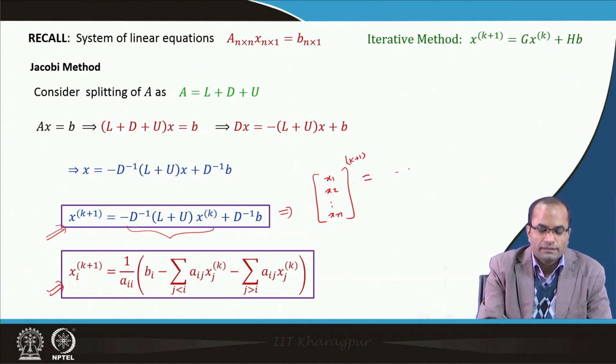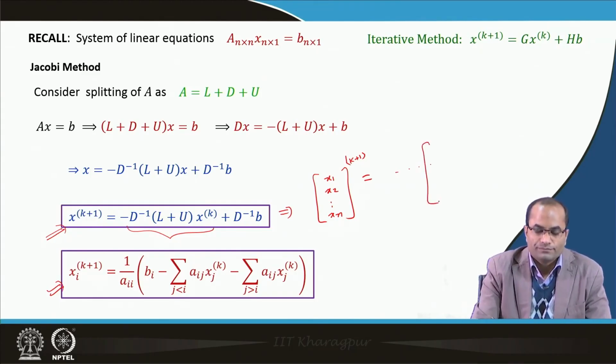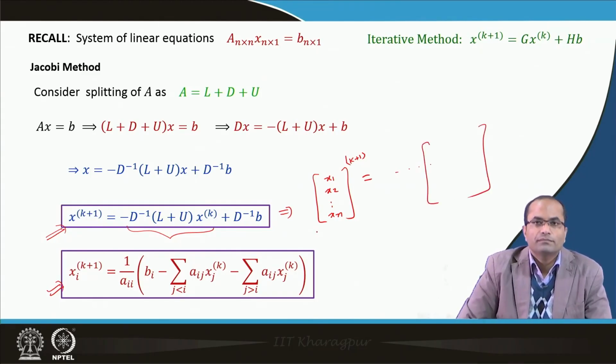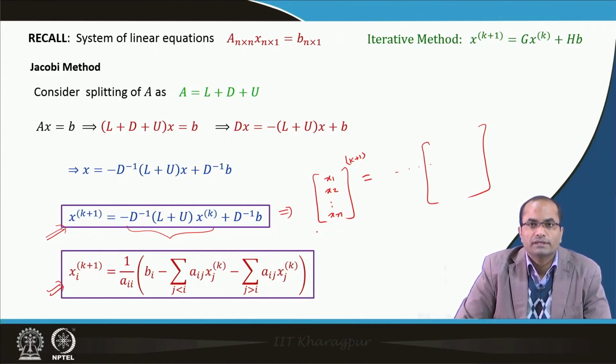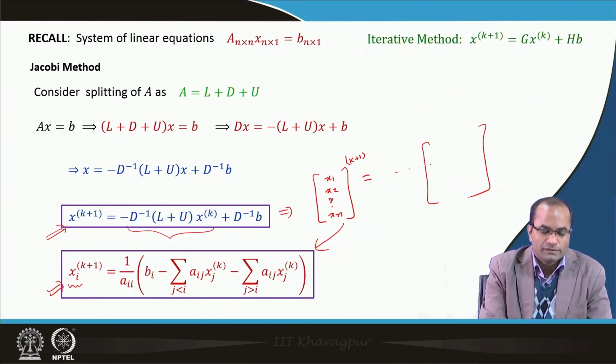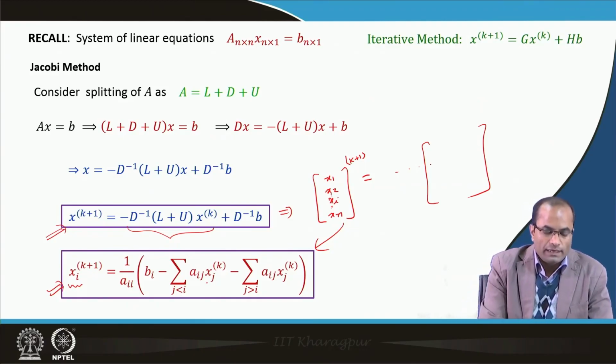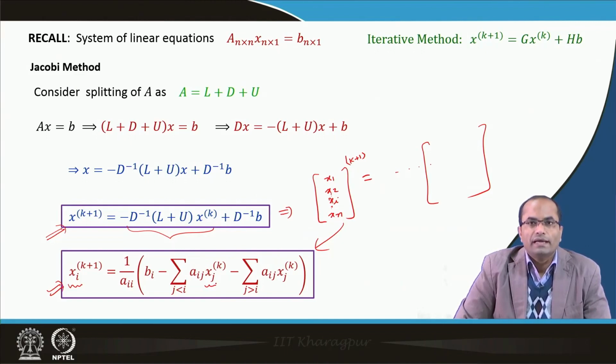Similarly, the right hand side after multiplication will also be a vector with the same number of components, that is n. So, here we have just compared each component. The general x i component is written directly in terms of the coefficients and the other components of x.